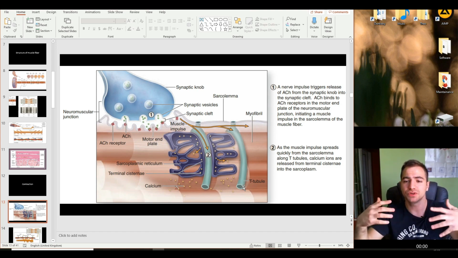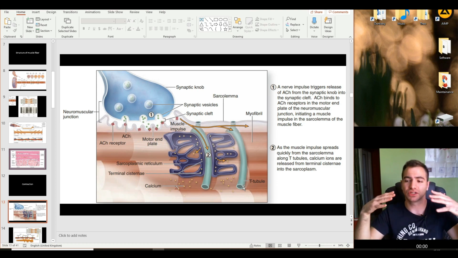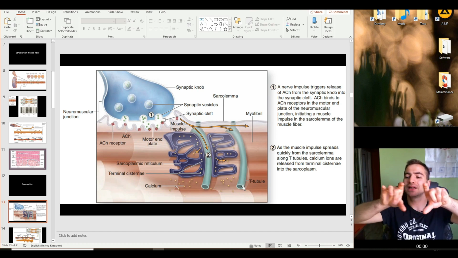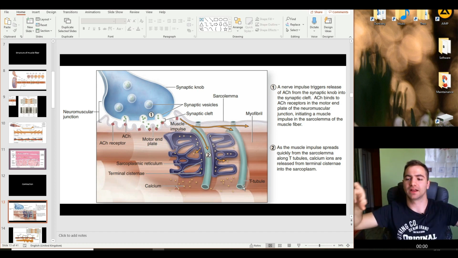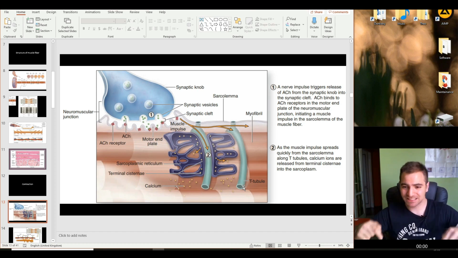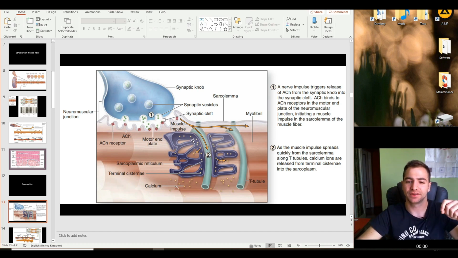For this reason, we have these transverse tubules. The transverse tubules receive the nerve impulse and propagate it throughout the whole length of the muscle fiber and immediately activate the release of calcium from the sarcoplasmic reticulum.